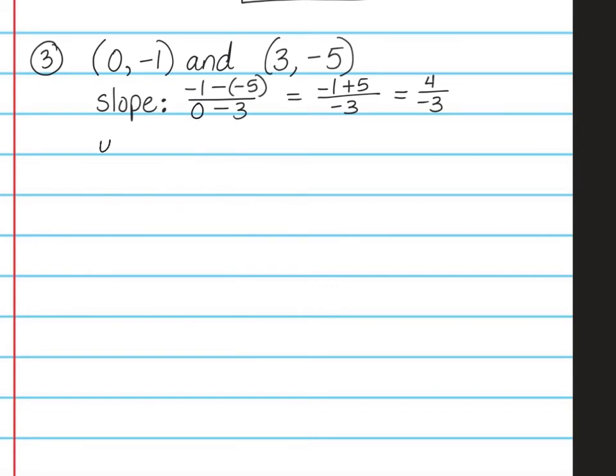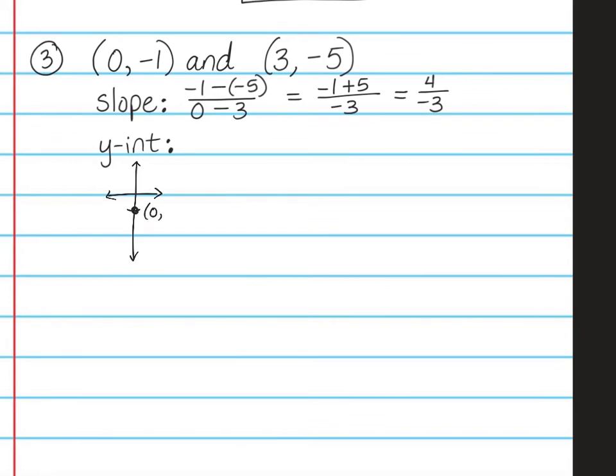Now we need to find our y-intercept. Well, fortunately, one of the points that we were given tells me the y-intercept. Anytime you have 0 as an x, then this number will be your y-intercept. Because if I were to graph this, 0, -1 would be here.